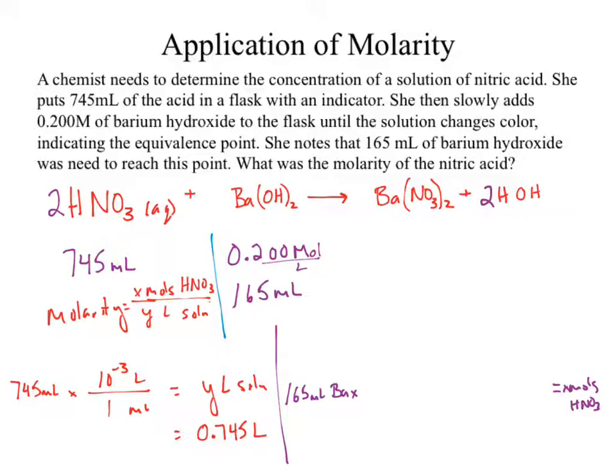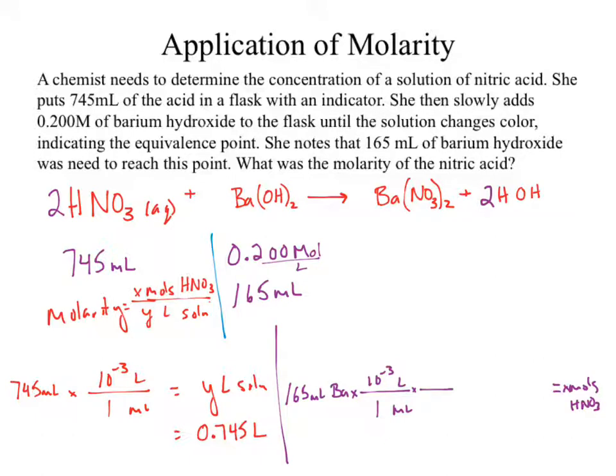Do I have a direct conversion? No. What might be a nice first step? Milliliters to liters. Okay, we're now in liters of barium hydroxide. What can I do now?